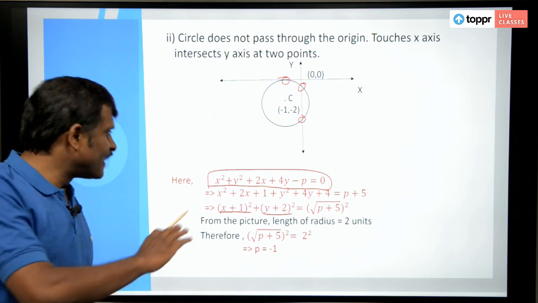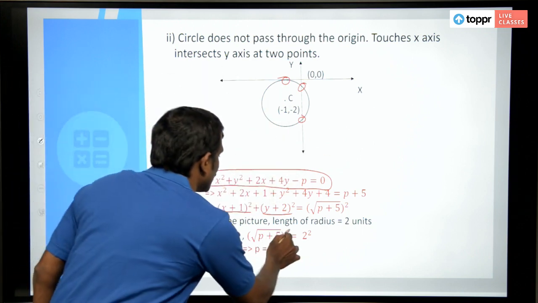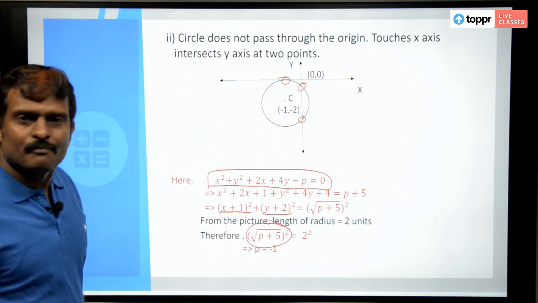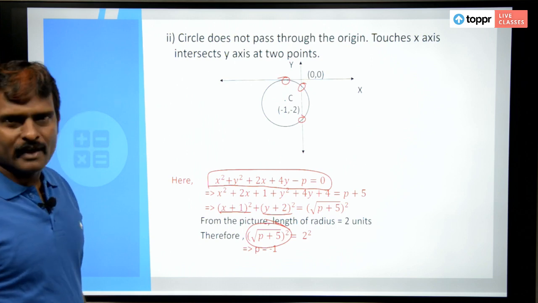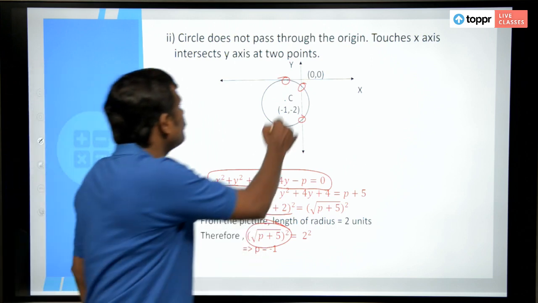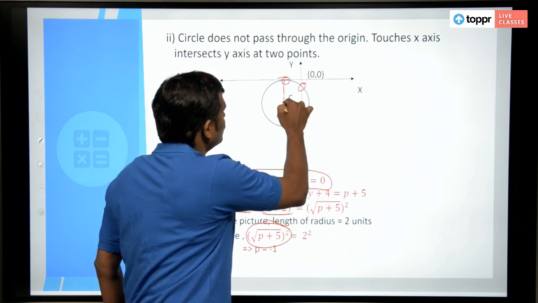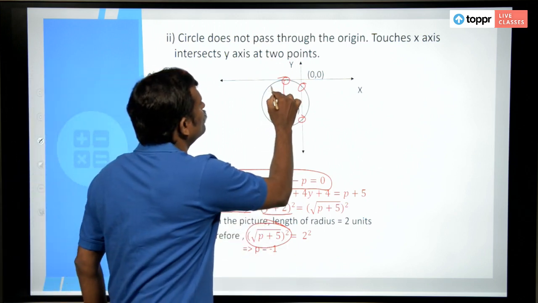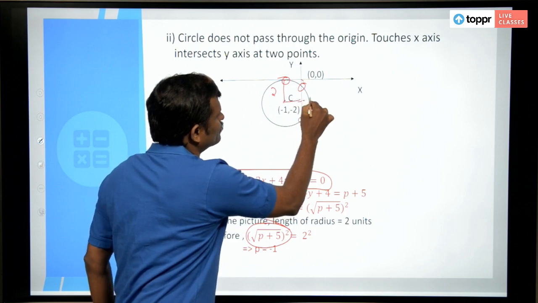We added 5 and subtracted 5, so that 5 is taken to the other side. So, the radius becomes root of p plus 5. Now, if you look at the diagram, since it is touching the x axis here, the radius should be equal to 2, because this distance from here is minus 2, right.